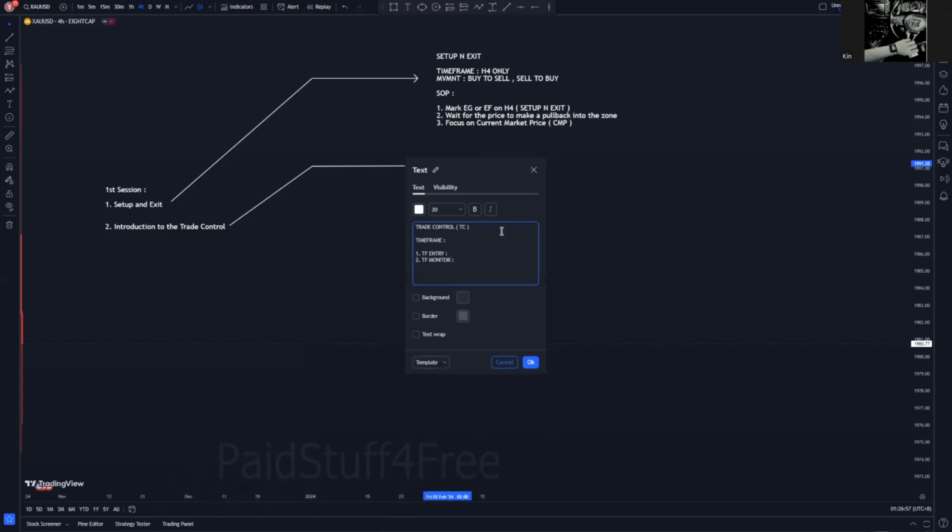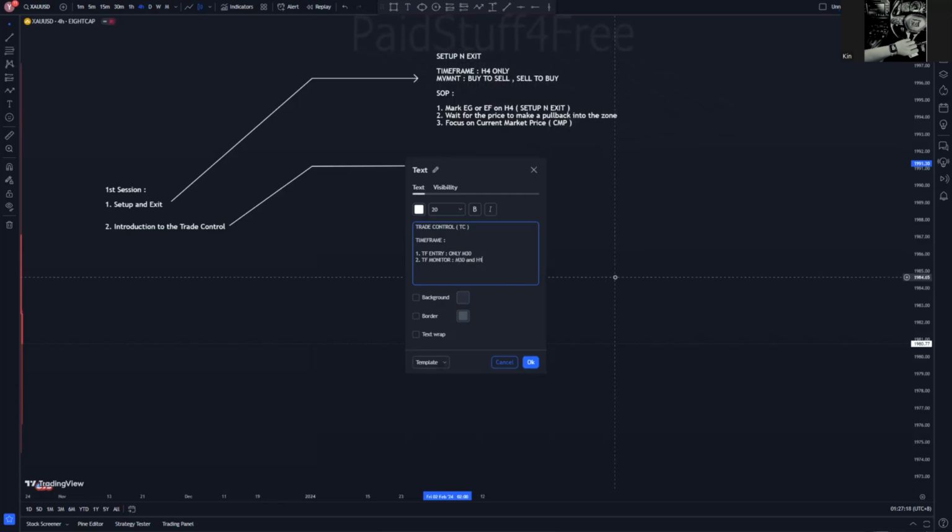The time frame for entry is only M30, just M30. The time frame to monitor is M30 and H1.